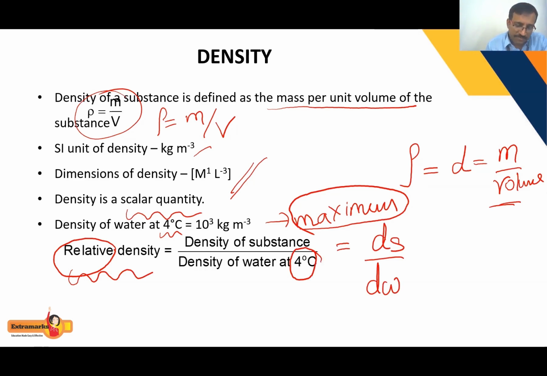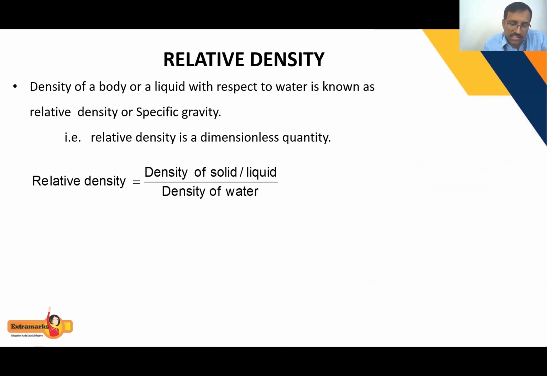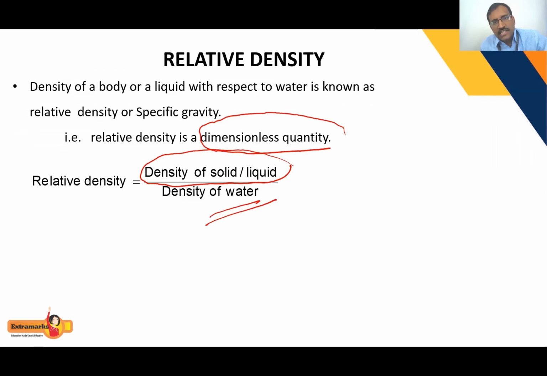Please try to understand. Relative density is defined as I said, maybe the relative density of a solid or of a liquid. The liquid may be kerosene or petrol with respect to water. Okay, and this was a very important question for competitive level. It is unitless as well as dimensionless, because density by density will get cancelled.